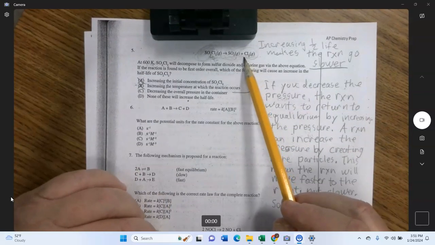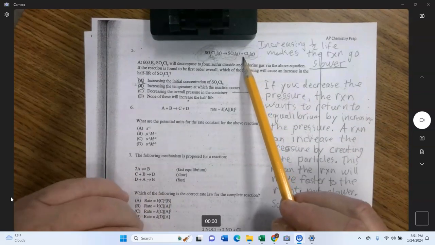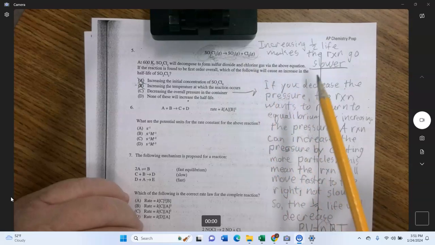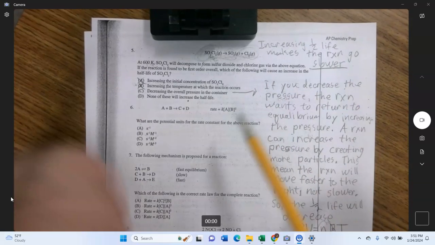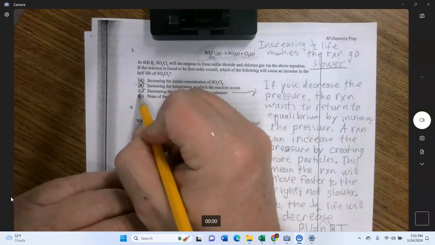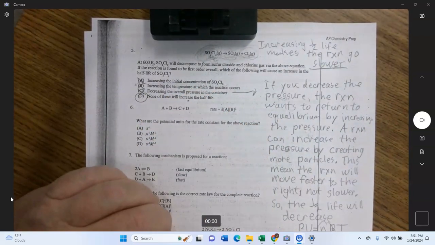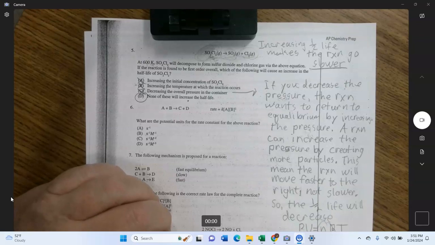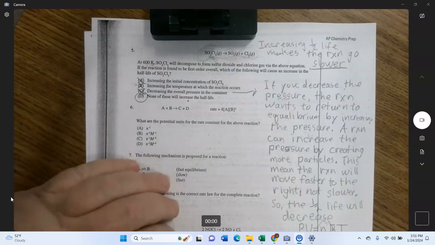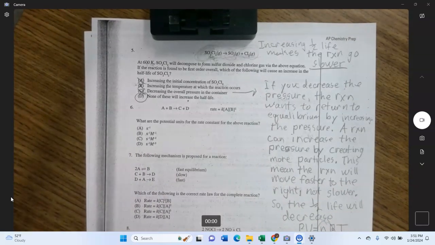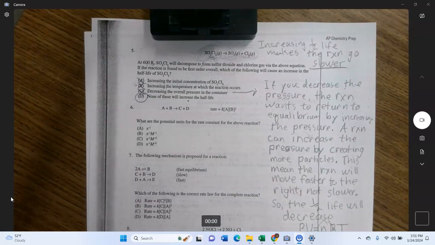And by doing that, you decrease the half-life. You make the reaction run faster. All right, so that's the answer C is not correct. So the answer is D. None of these will increase the half-life. Again, that's the more complicated situation. All right, so we can practice that if you still have some challenges on that.